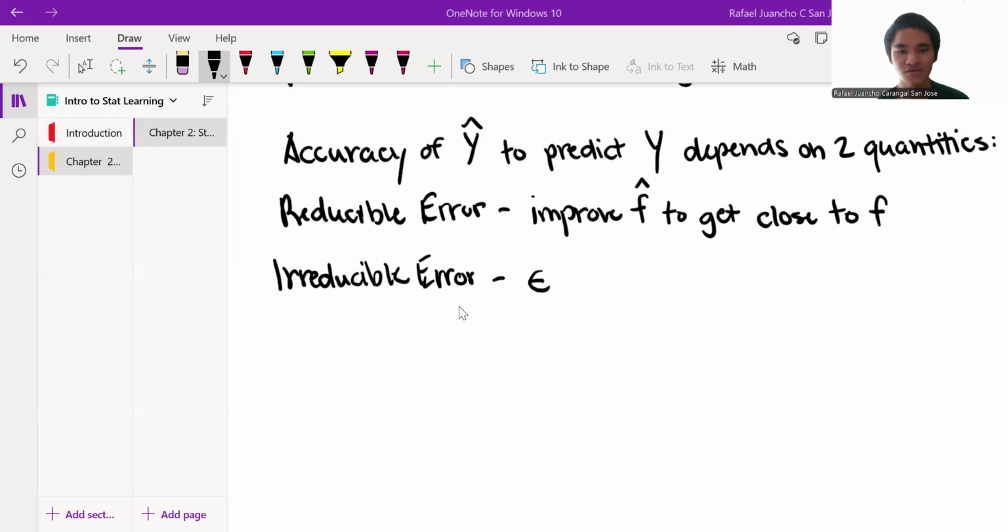Now, here's the question. Why is the irreducible error larger than zero? The quantity epsilon may contain unmeasured variables that are used in predicting y. Since we don't measure them, F cannot use them for its prediction.